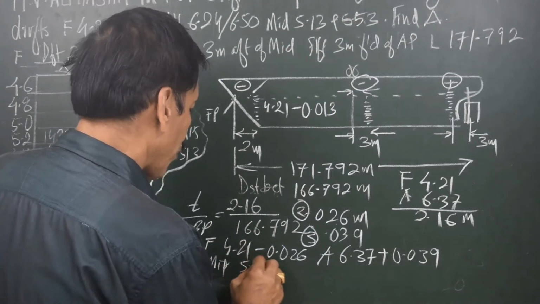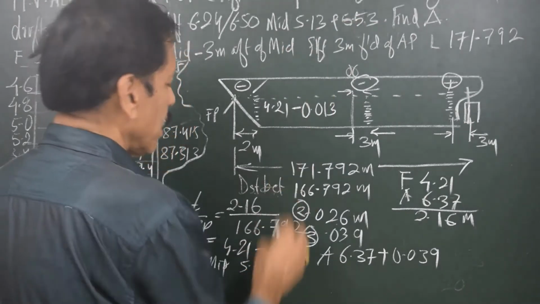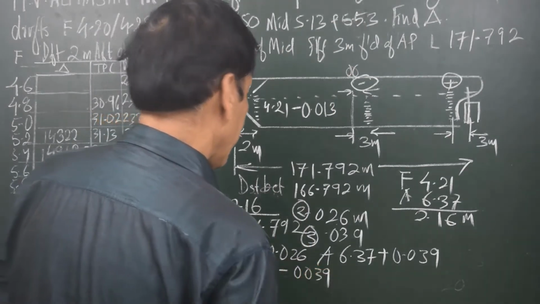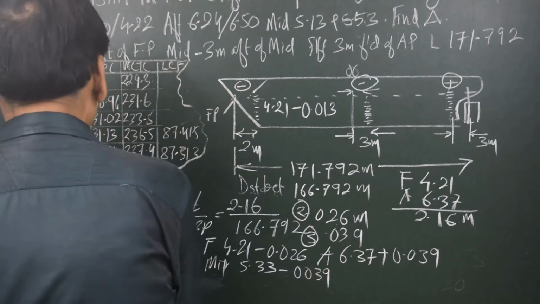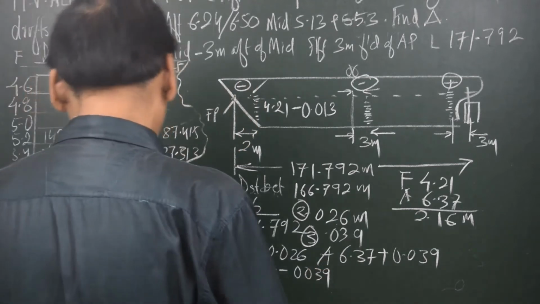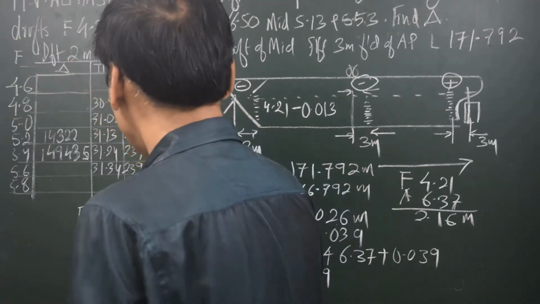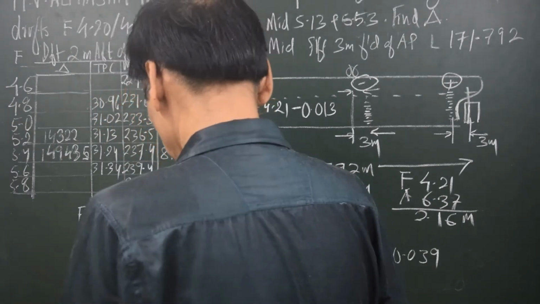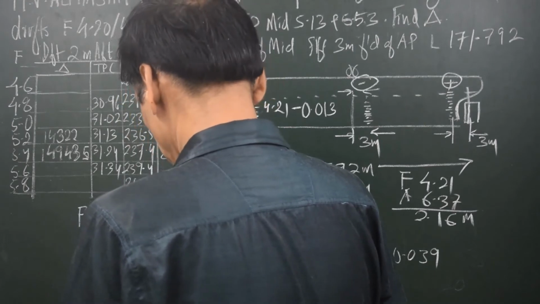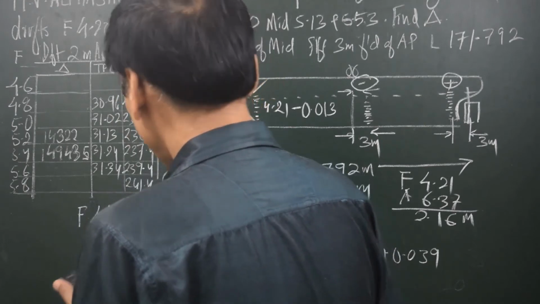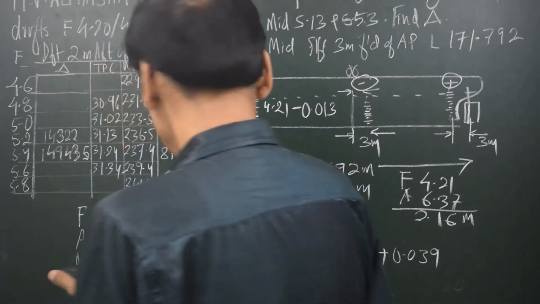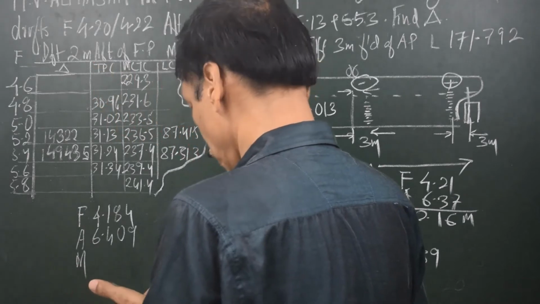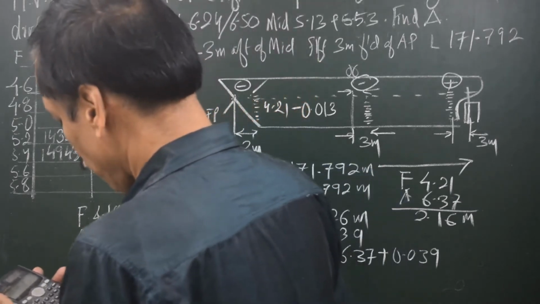So mean 5.33, and the correction is negative, minus 0.039. So the forward draft is 4.184, and the aft draft is going to be 6.37 plus 0.039. That gives me 6.409, and the midship draft is 5.33 minus 0.039. That gives me 5.291.